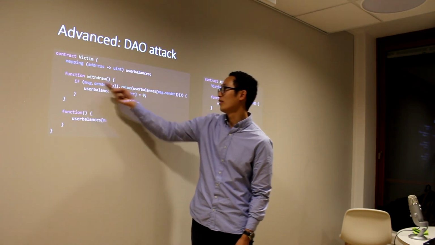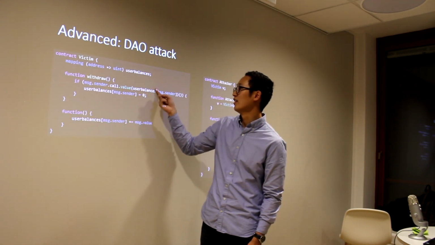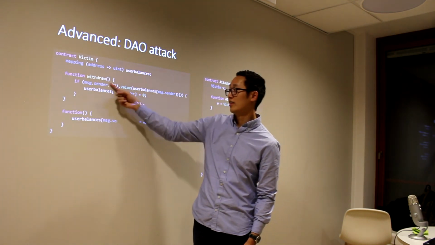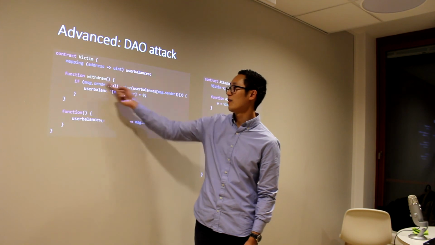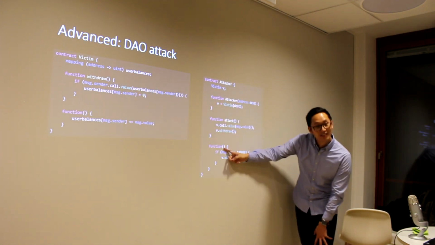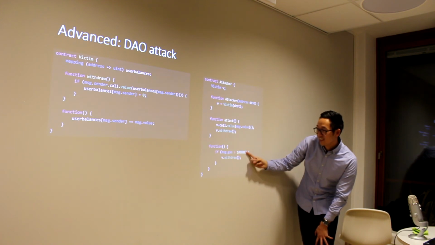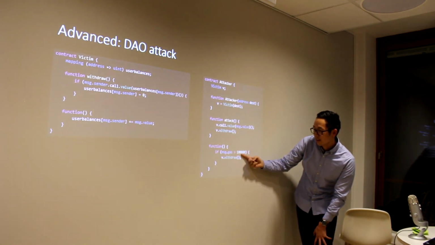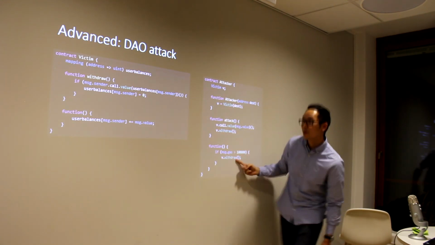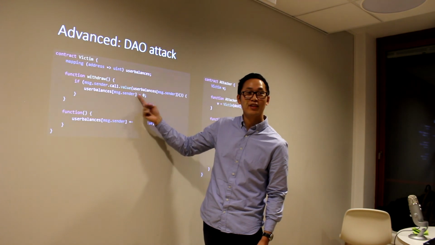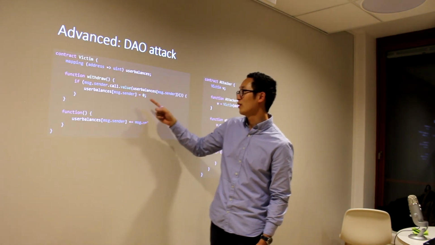So this will call the anonymous function on the attacker, because he hasn't specified which function he's calling. So it goes to the anonymous function, which, if the gas is higher than 100,000, will call the withdraw function again before putting a 0. So it will be a loop.